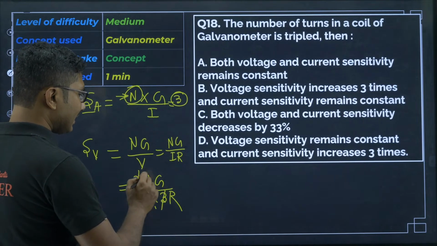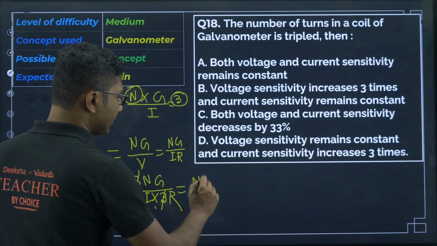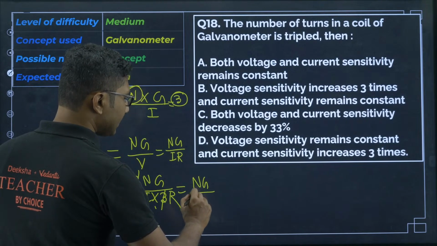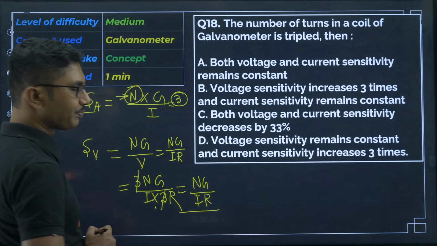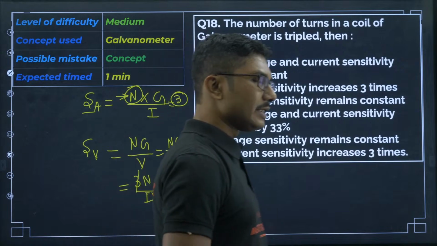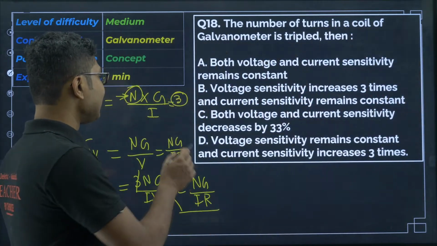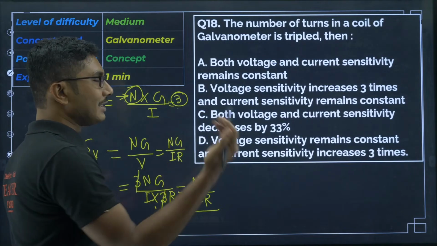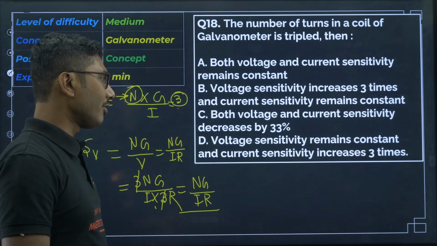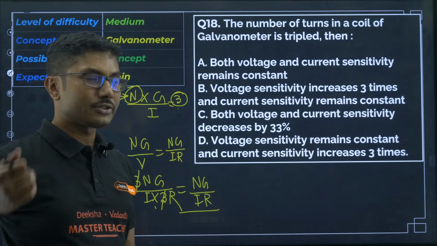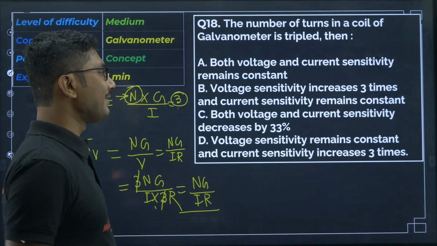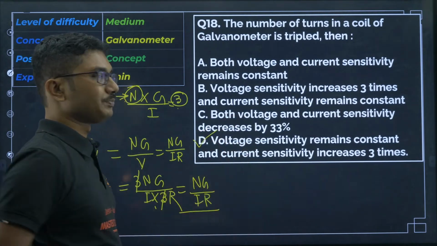So the resistance increases 3 times means you will see that the voltage sensitivity remains the same. So voltage sensitivity does not depend on the number of turns in the coil, whereas the current sensitivity can be increased by increasing the number of turns in the coil. So voltage sensitivity remains constant, but current sensitivity increases 3 times.